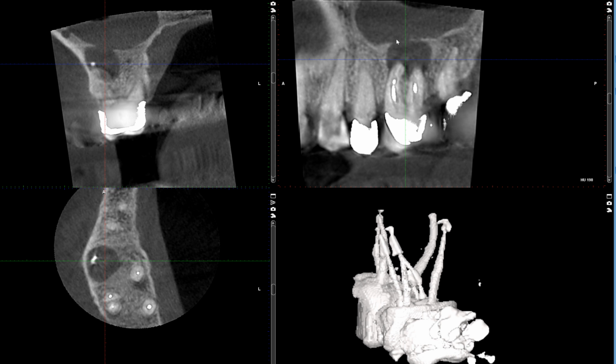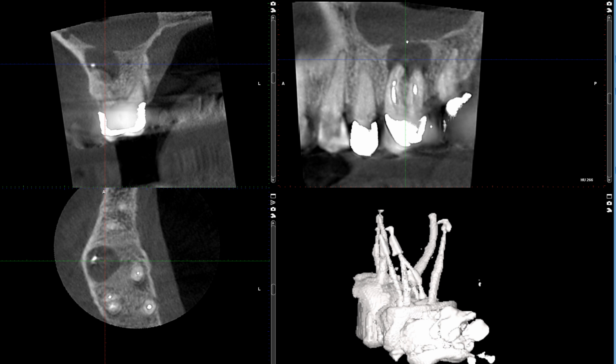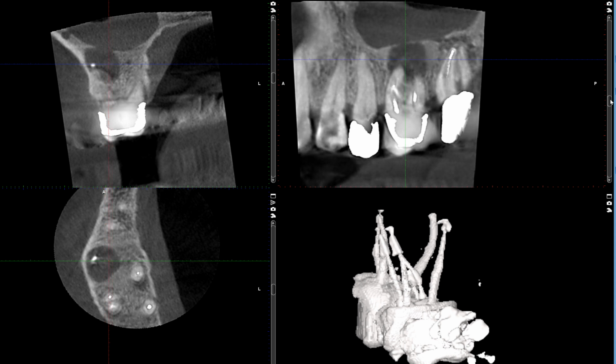Again, it wasn't something you could clearly tell on periapical radiograph. In addition to that, although we have just partially captured the right maxillary sinus, we can see that there's a rather moderate to severe mucosal thickening along the floor of the maxillary sinus. You can see this border right here.